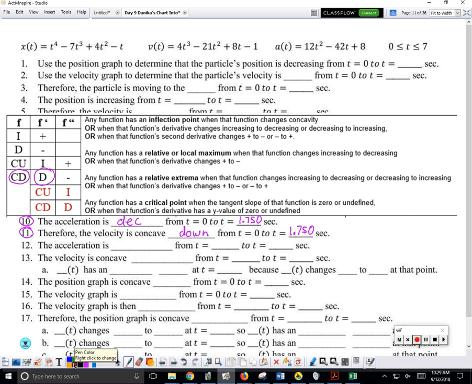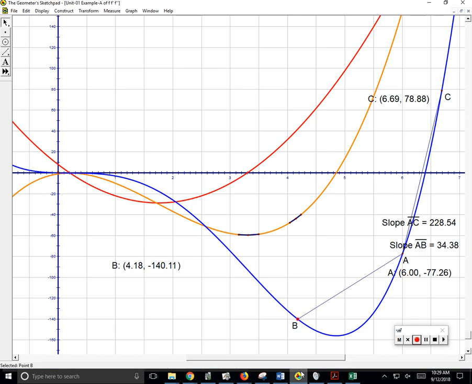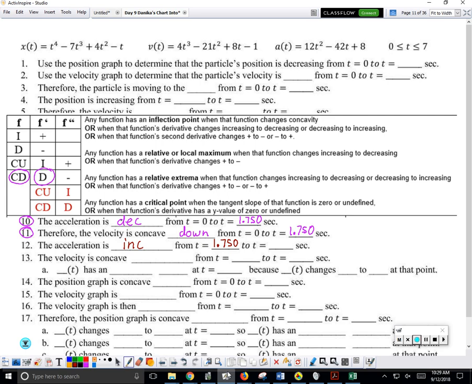So the acceleration is increasing from time equal 1.75, and the acceleration just increases all the way to 7, which tells me that the velocity must be concave up for that same interval.